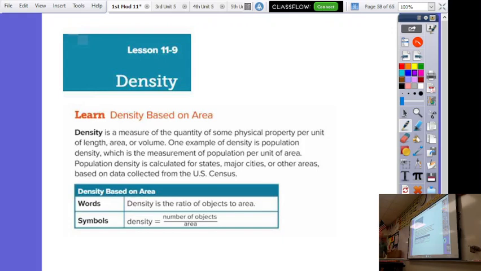Here we have a lot of people spread across more places. Population density is calculated for states, major cities, and other areas, based on data collected from the U.S. Census. Density is equal to the number of objects divided by the area. So for population density, it's the number of people divided by the area they take up. That's the idea of density.